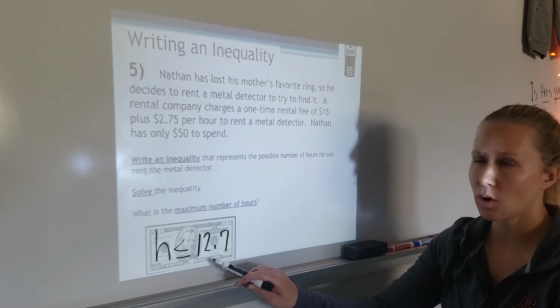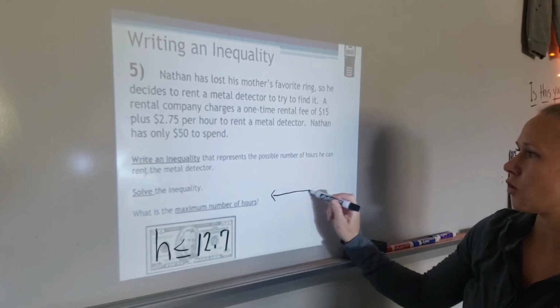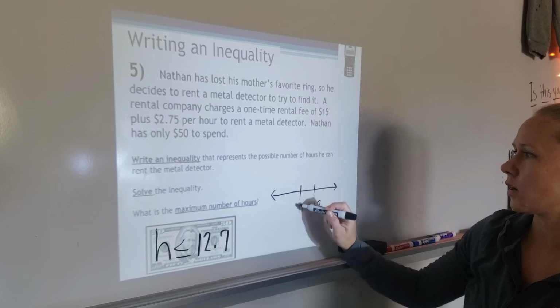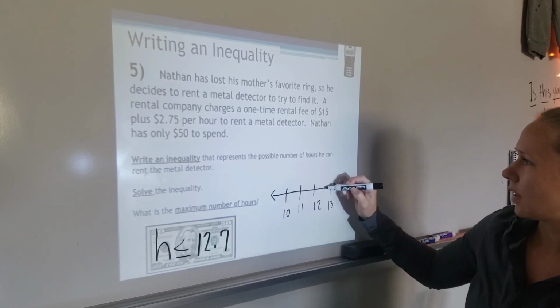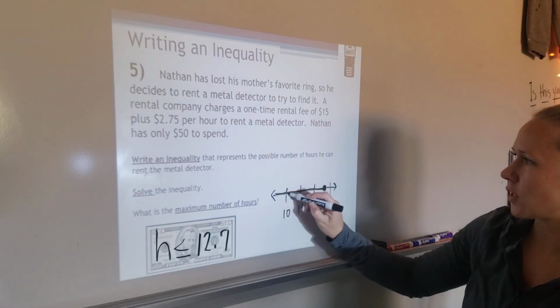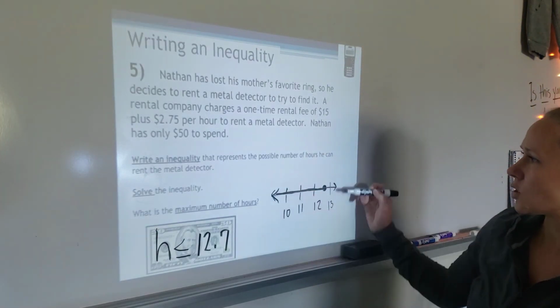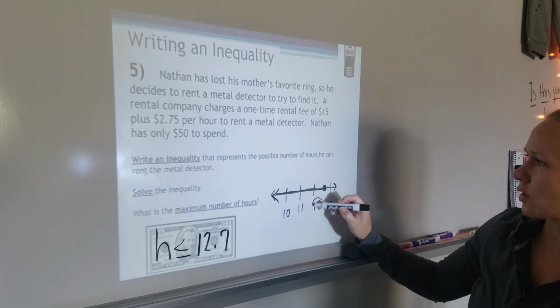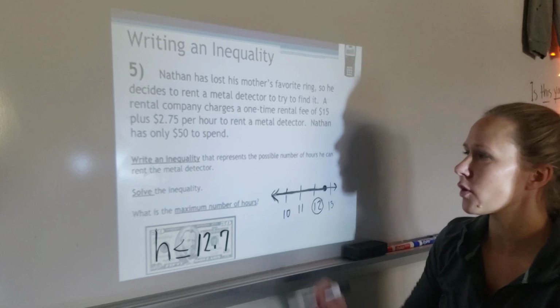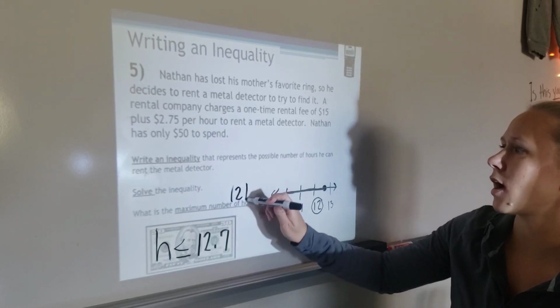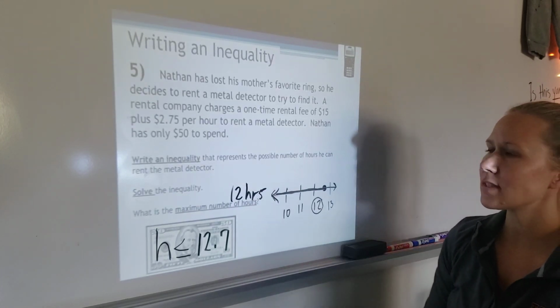No. Think about if you were graphing this: here's 10, 11, 12, 12.7, here's 13. That would be about here. So it would go this direction if I shaded all the possibilities. So you can't rent it for 13 hours. So the maximum number of hours would be 12 full hours. So for this one, 12 hours would be the max. That's how you would do this one.